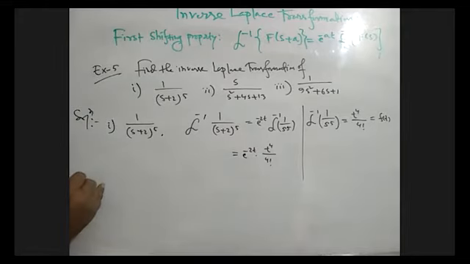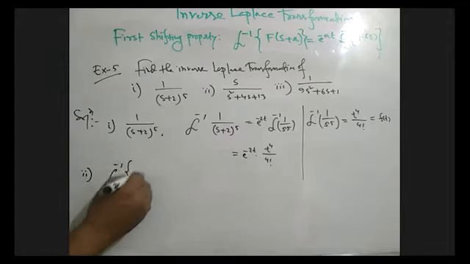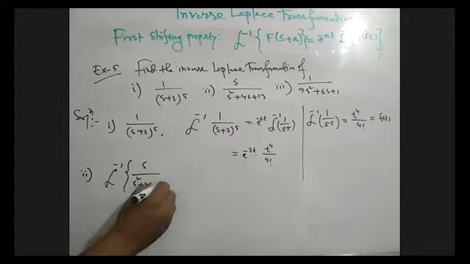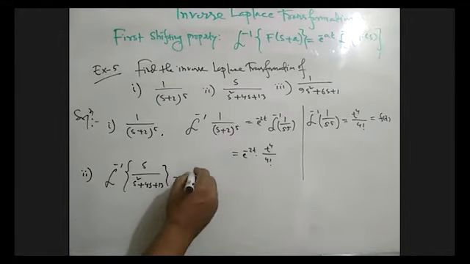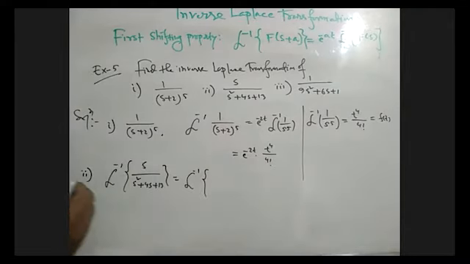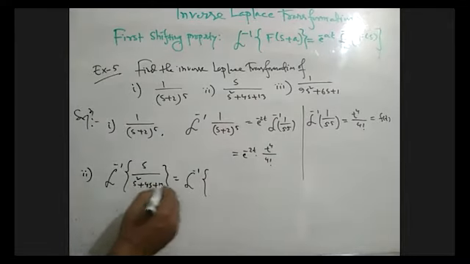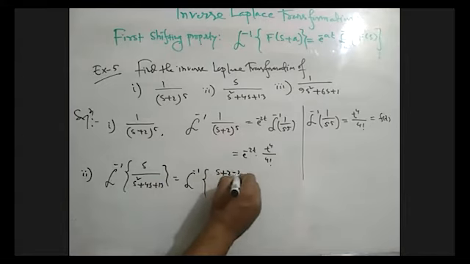Now the second one, inverse Laplace transformation of s divided by s square plus 4s plus 13. How can we find this? This can be written as s plus 2 minus 2.